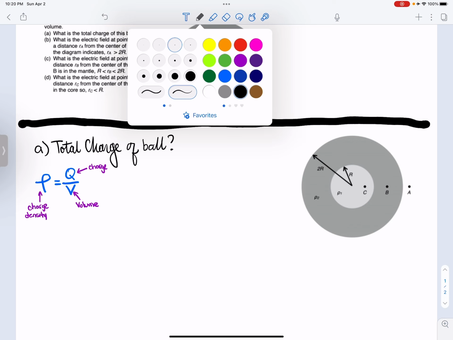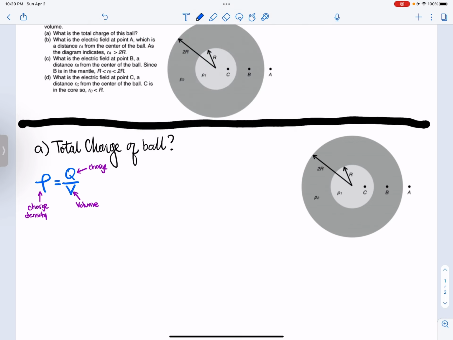Another formula that I'm going to use is the formula for the volume of a sphere. The volume of a sphere is equal to 4/3 pi times the radius cubed.